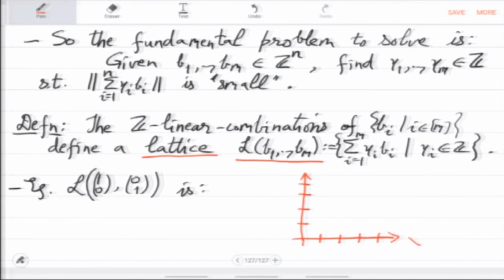So this is the x1 axis, the x2 axis, and the origin.